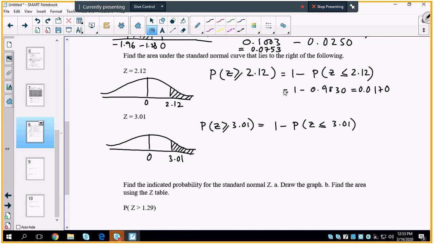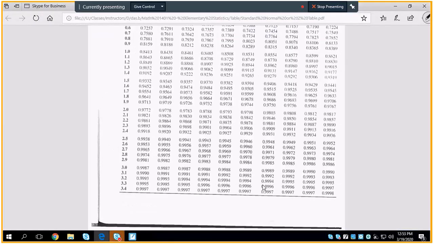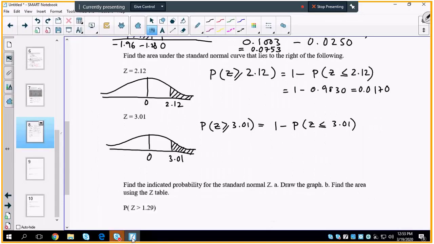So let's find that from the table. It's the same side of the table, the positive side of the table. 3.01 is going to be row 3.0 and column 0, 1, so 0.9987. So it's 1 minus 0.9987. As you can imagine, your answer is going to be 0.0013.